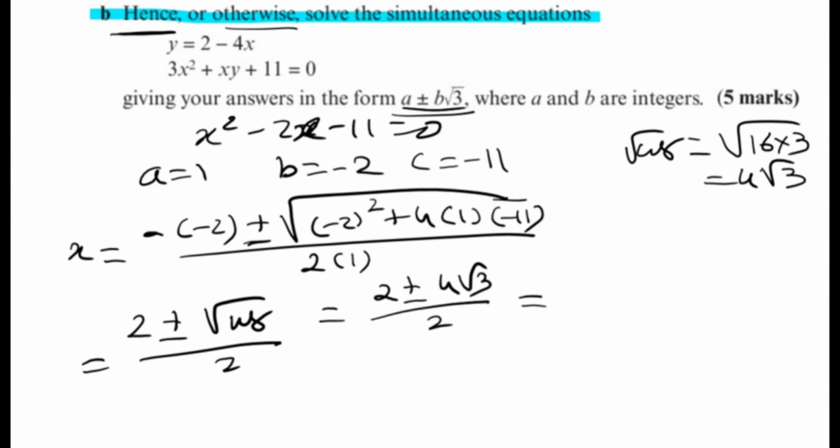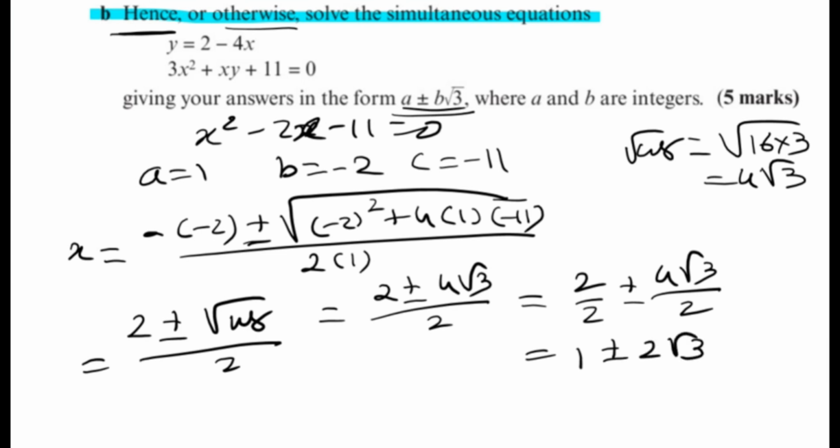Now to convert into this form, I divide both terms in the numerator by 2. So 2 over 2 plus or minus 4 root 3 over 2. 2 divided by 2 is 1, plus or minus 4 divided by 2 which is 2 root 3. So we will get the answer 1 plus or minus 2 root 3.